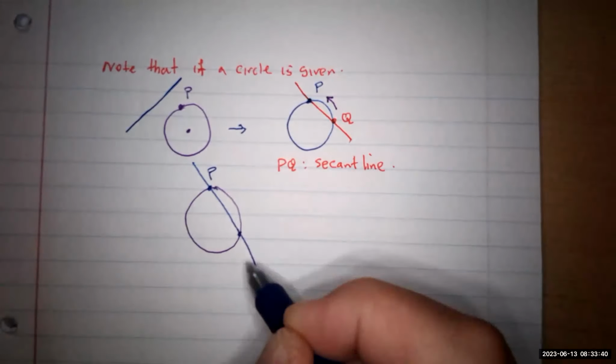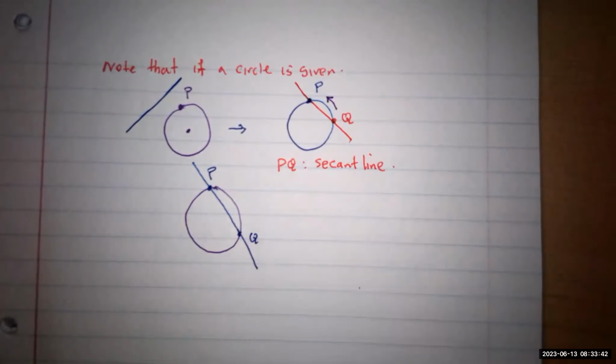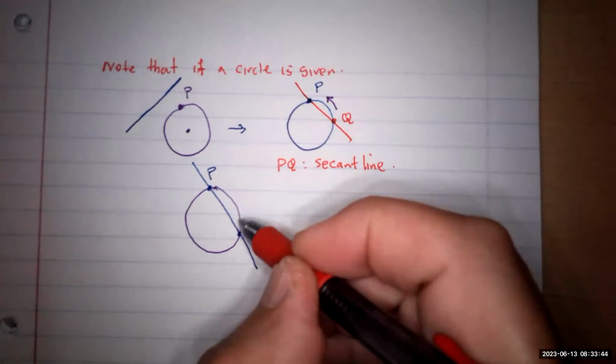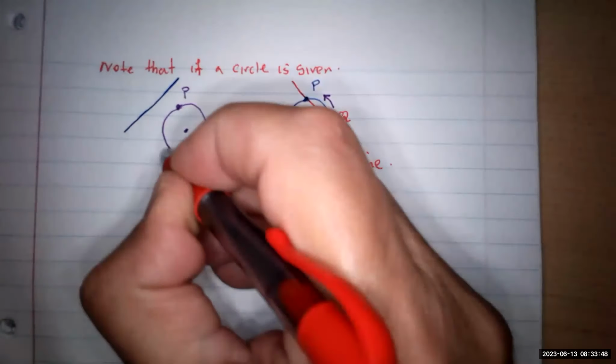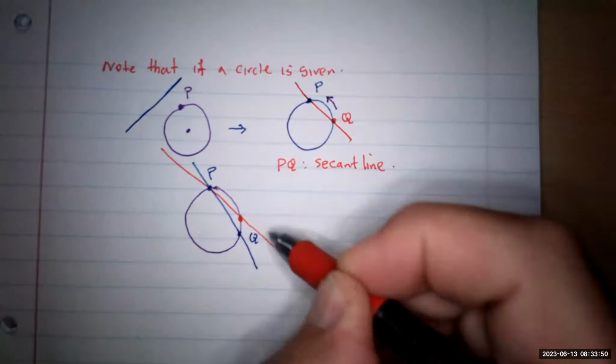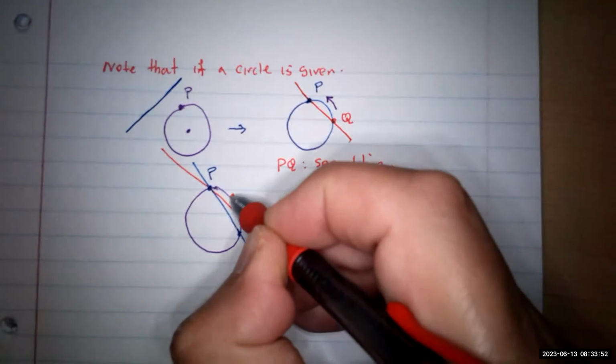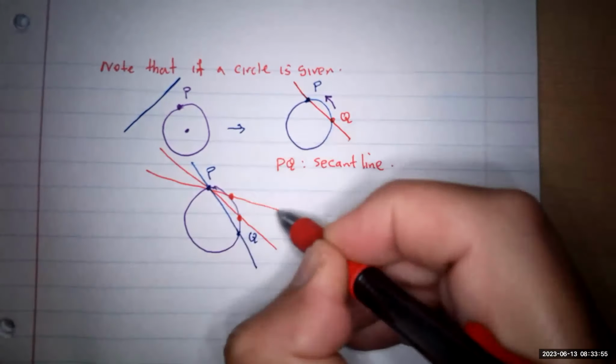So what we're going to do, we're going to start moving it up. If you move it here, this is going to be the second line, and then you move it closer and closer.